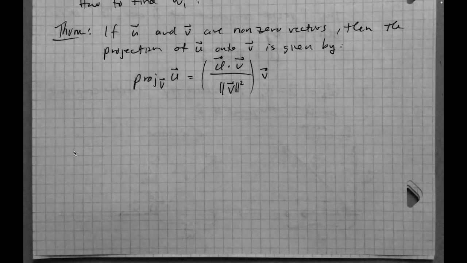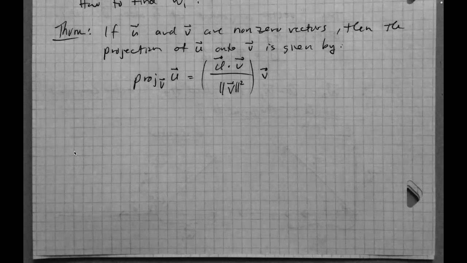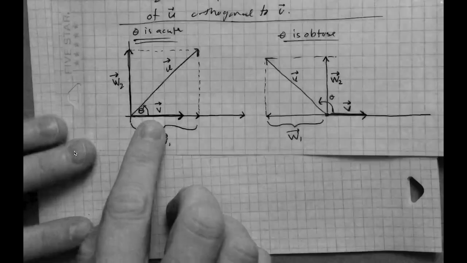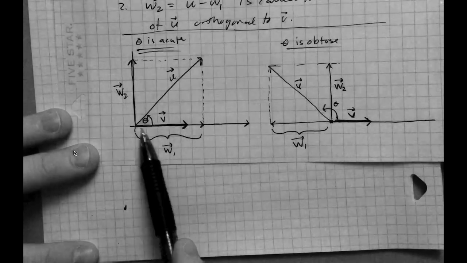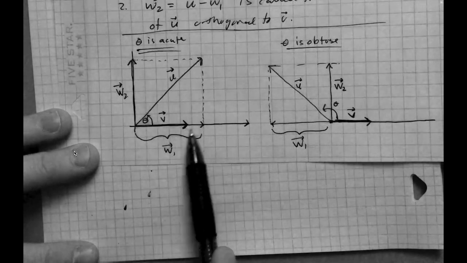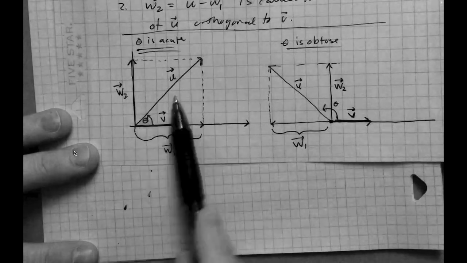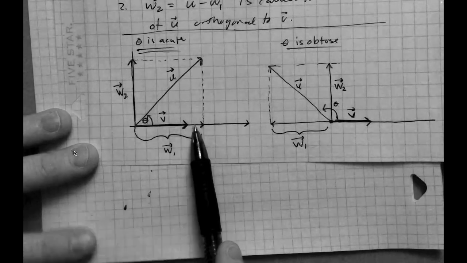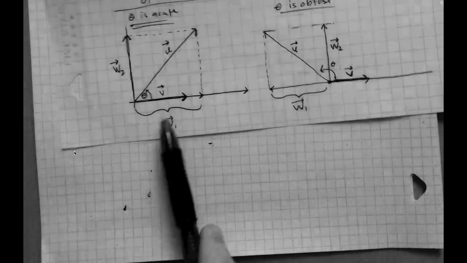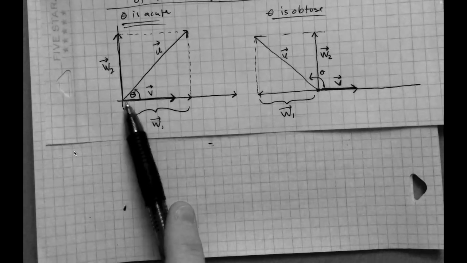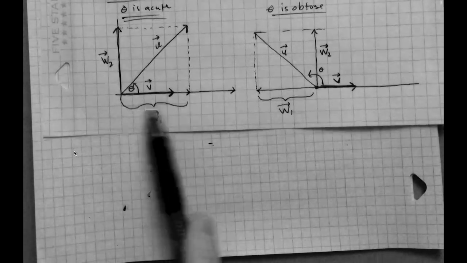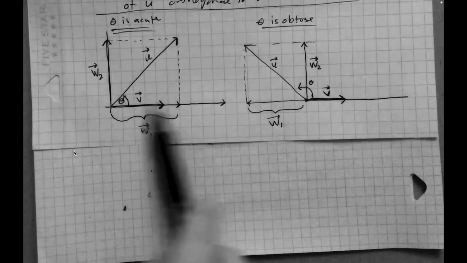I don't know if I can find it. On the other side here. Let's remember what the picture looked like. Right. Our W1 is the same direction as V. It's just longer or shorter depending on what U happens to be. Right. So you could think of it as we just need to figure out how to scale W1 so that it really truly represents the projection of U. Right?